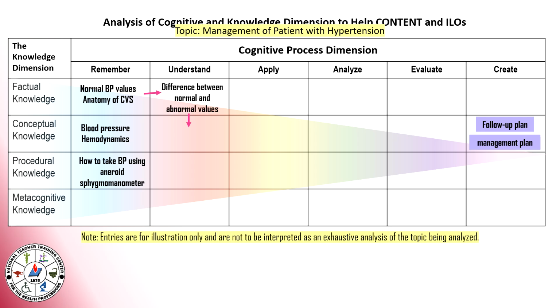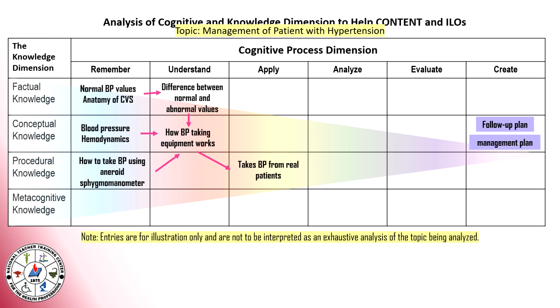And then they need to understand all these concepts, like differentiating between normal and abnormal, and how BP taking equipment works, and eventually be able to utilize those understandings of how BP works and the steps involved in taking BP to actually taking BP from real patients. So that will be now applying all the knowledge at the remember and understand level.